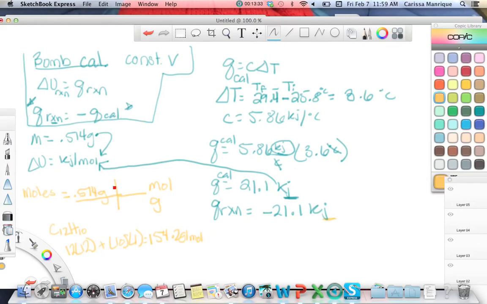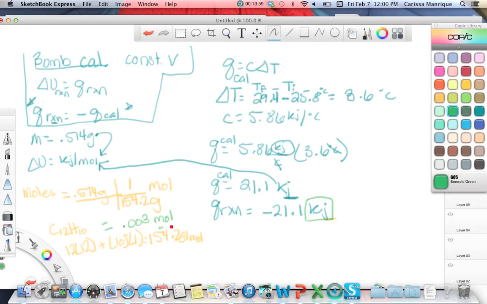Okay, so if I put this in, I have 154.2 grams per 1 mole. I multiply this out. How many moles will I get? Let's see, I get 0.003 moles.